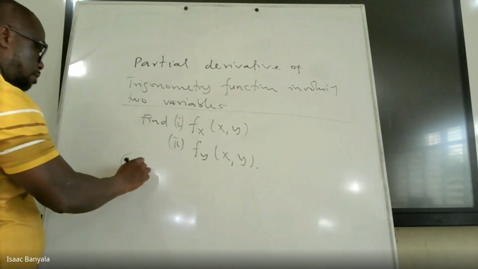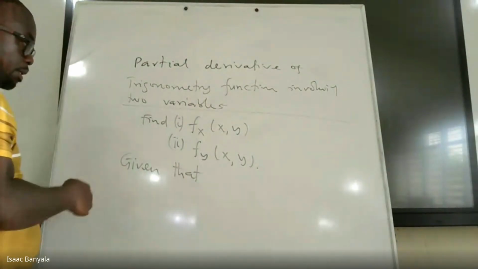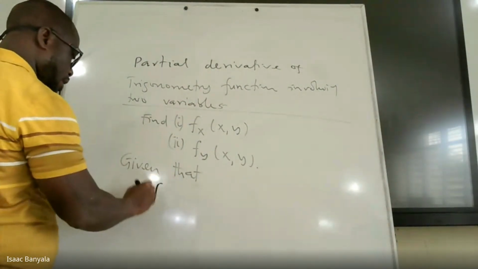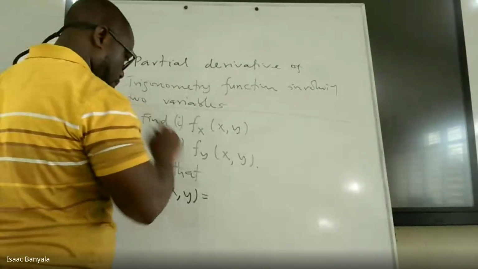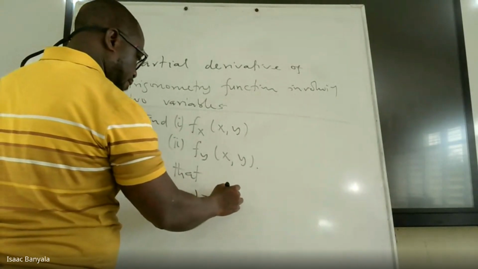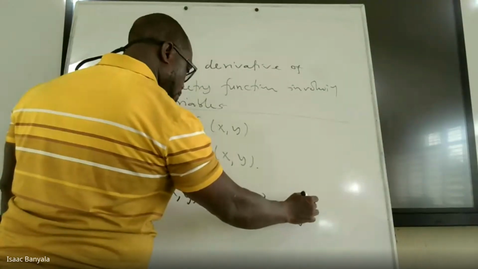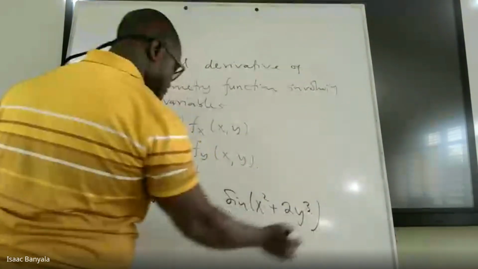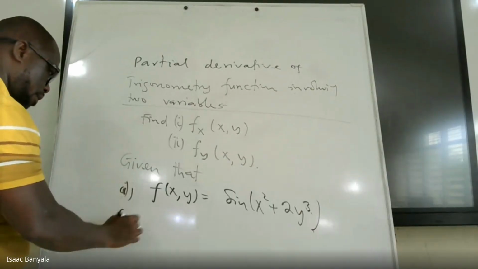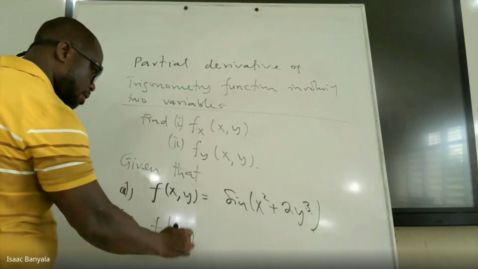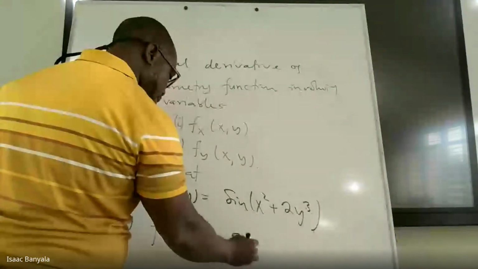Given that f of x, y is equal to, this time we have sine of (x squared plus 2y cubed) plus A and B, xy, 3x.